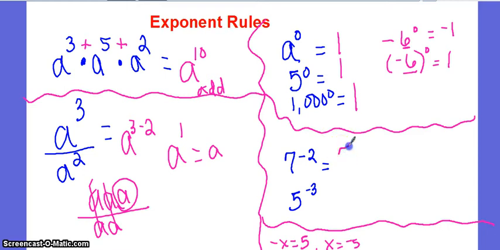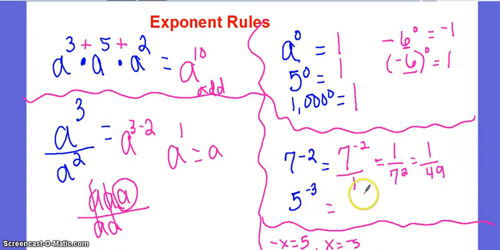This is really the same thing as 7 -2 over 1. So you flip it and make it positive. So now it is 1 over 7 squared, or you could say 1 over 49. Same thing here. You're going to flip it and make it positive. So again, you flip, make positive.